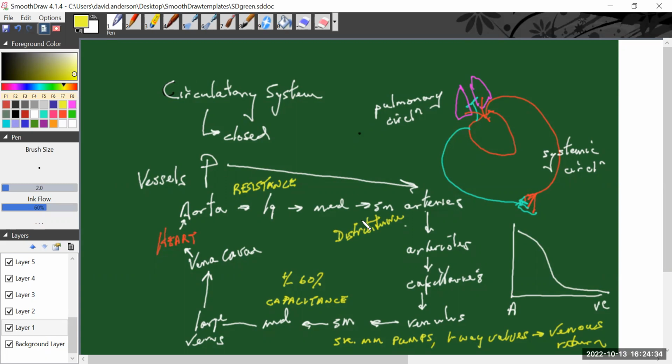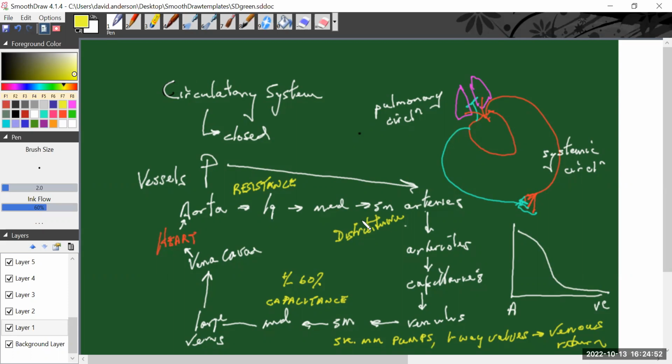Resistance vessels are more about elasticity. The volume of blood that's introduced to the aorta stretches the aorta, which returns back elastically to its resting diameter and pushes the blood into the next group of vessels. That's resistance, and their primary characteristic is elasticity.